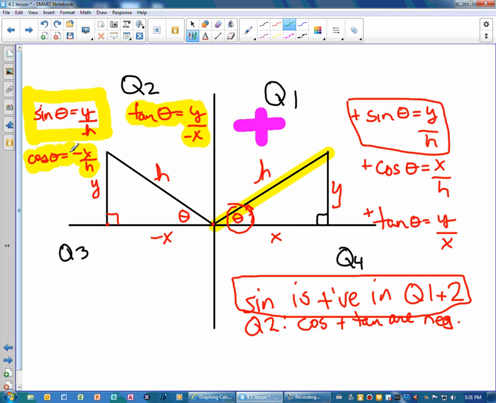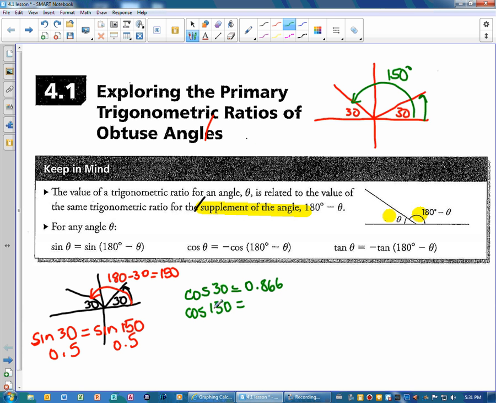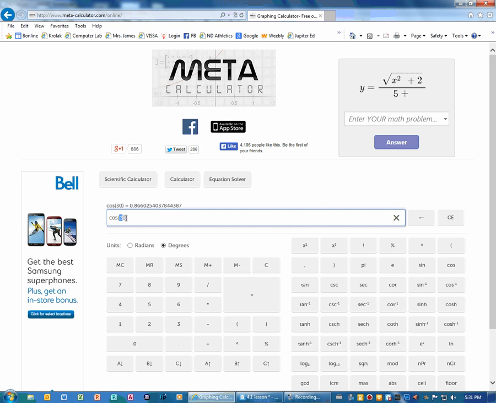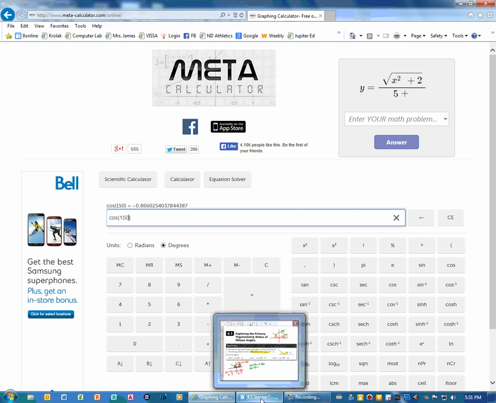In the second quadrant, cos is negative. Cos is not the same in both quadrants. In quadrant 2, cos is negative. So the cos of 30 and the cos of 150 should not equal each other. So I'll ask the calculator, what's the cos of 150? And notice it says negative 0.866. So something's going on.